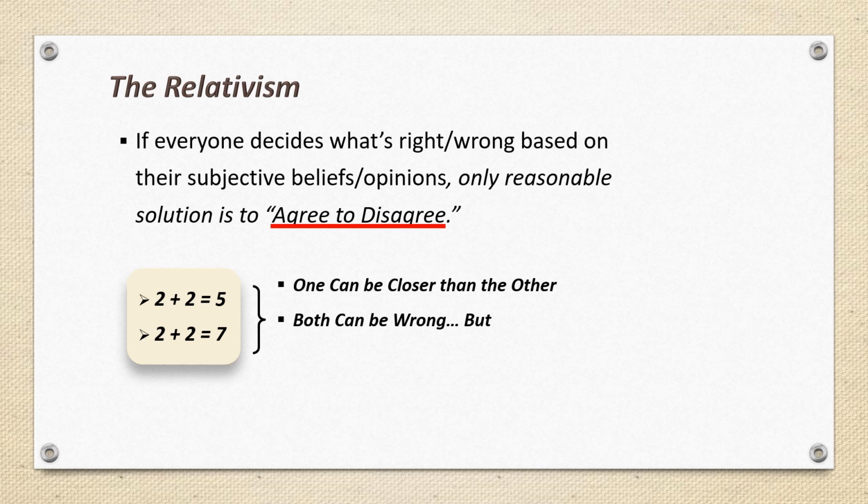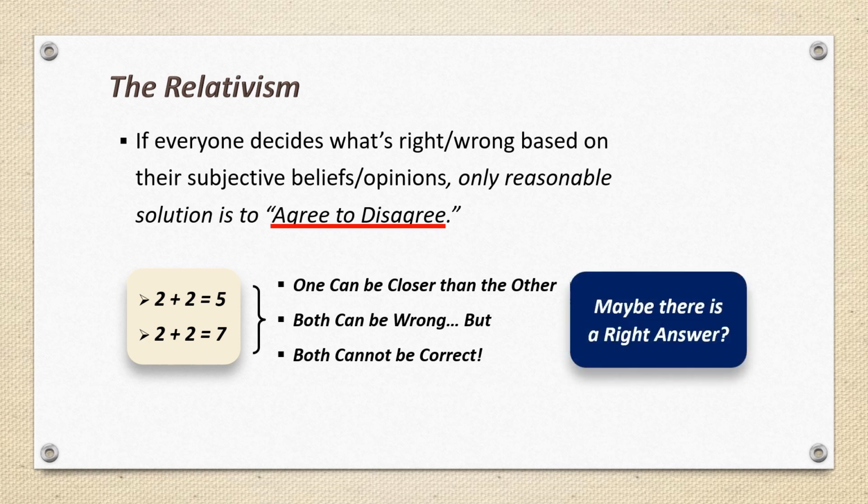Both can be wrong, and both are wrong in this situation, but it's just impossible for both answers to be correct. By saying agree to disagree and acknowledging the other person's opinion, we're just saying that, okay, my answer, your answer, both can be right. But again, both can be wrong, but it's impossible for both answers to be correct.